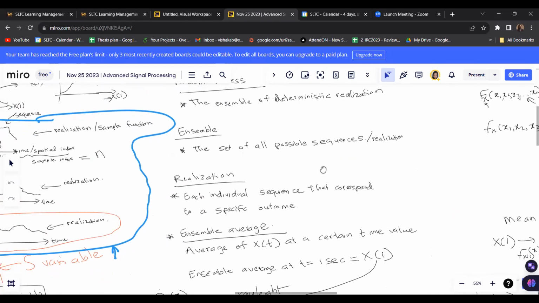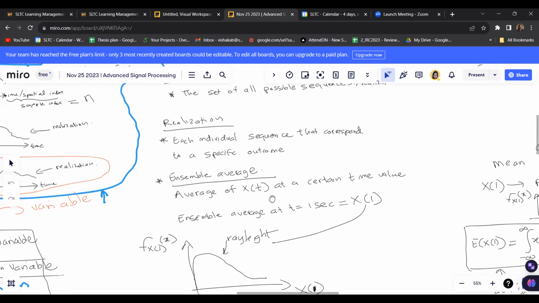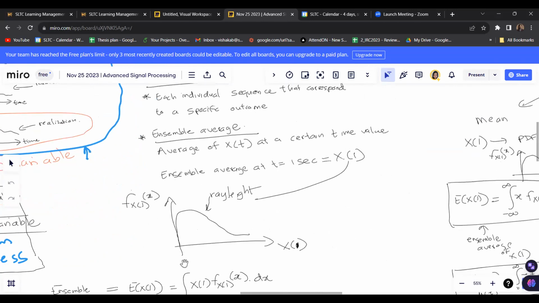So we discussed the ensemble average also. Ensemble average means the average that we can obtain for the certain random variable X(t), which is defined by the time t at a certain time value. This ensemble average we can obtain by considering the probability density function of the X(t) random variable.